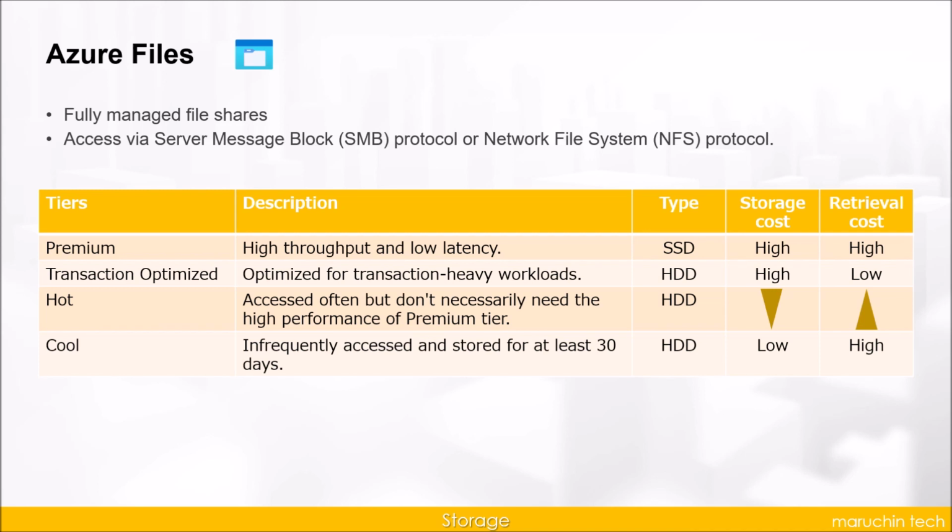The Premium tier uses SSDs and has high throughput performance. However, it is more expensive. HDDs are used in Transaction Optimized, Hot, and Cool. Basically, the higher you go, the higher the storage cost, while the transaction fee is lower.